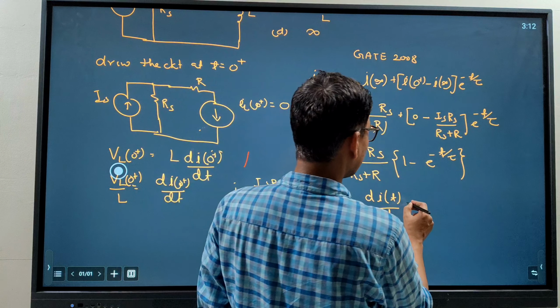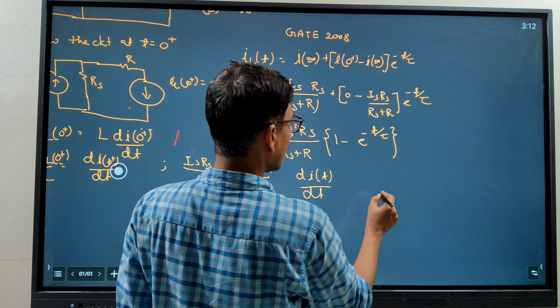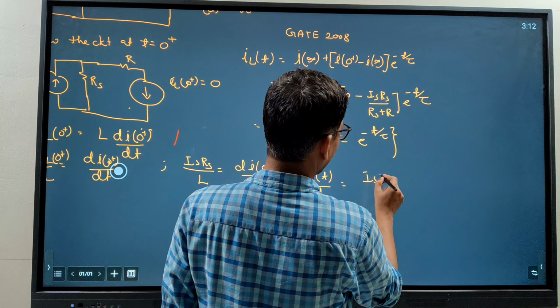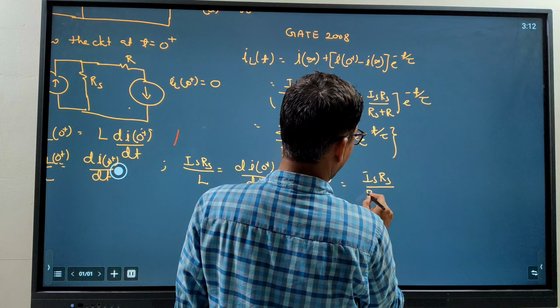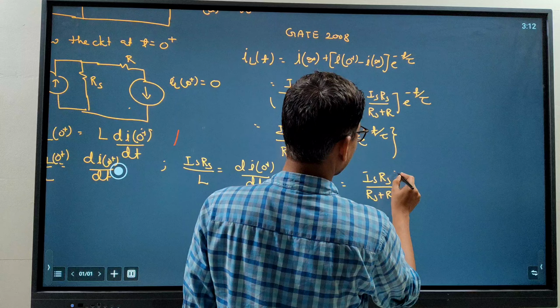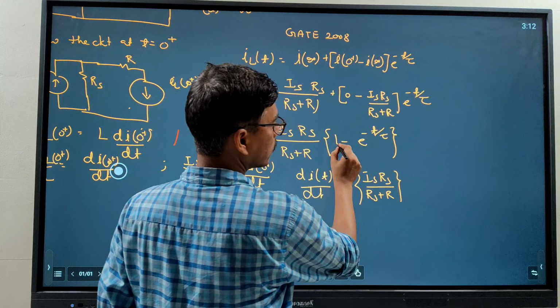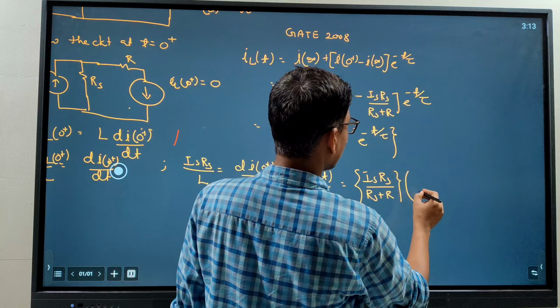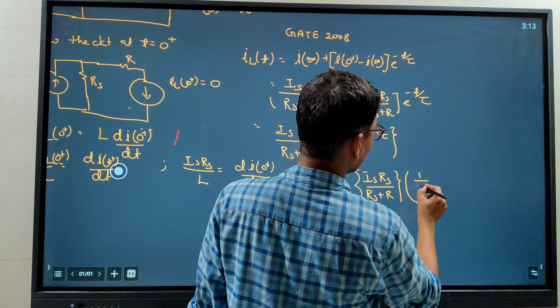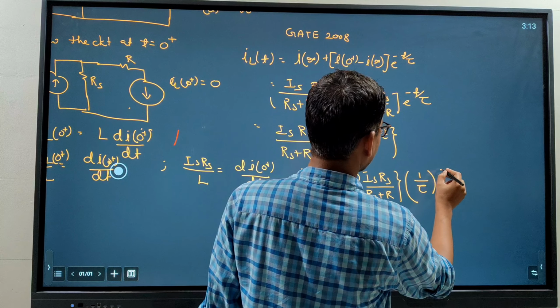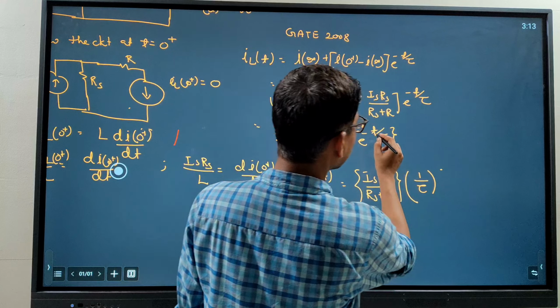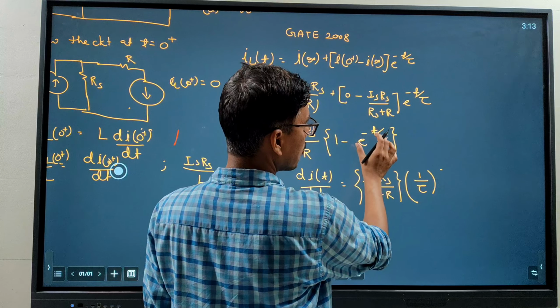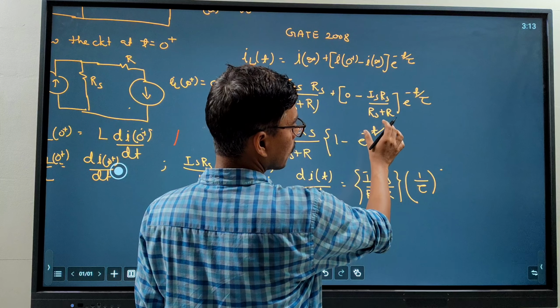When you differentiate, it will be Is upon Rs plus R, differentiation of e to the power minus t upon tau. Now this constant will be out, 1 by tau, and putting t equal to 0, this will become 1.